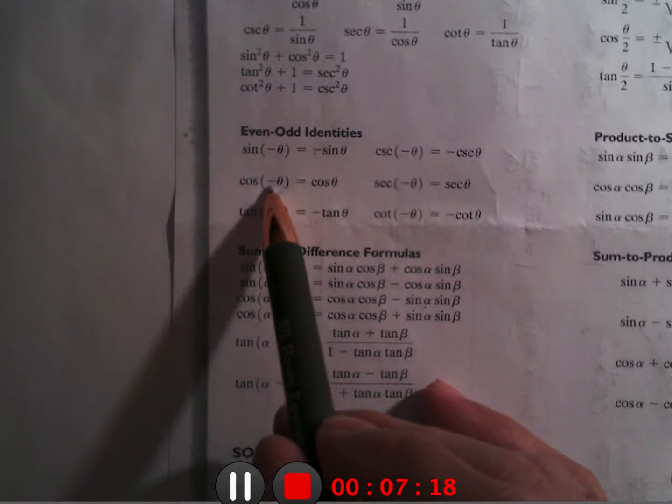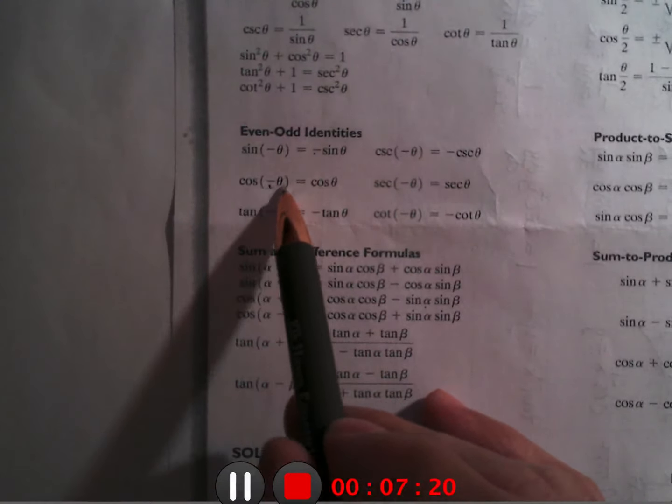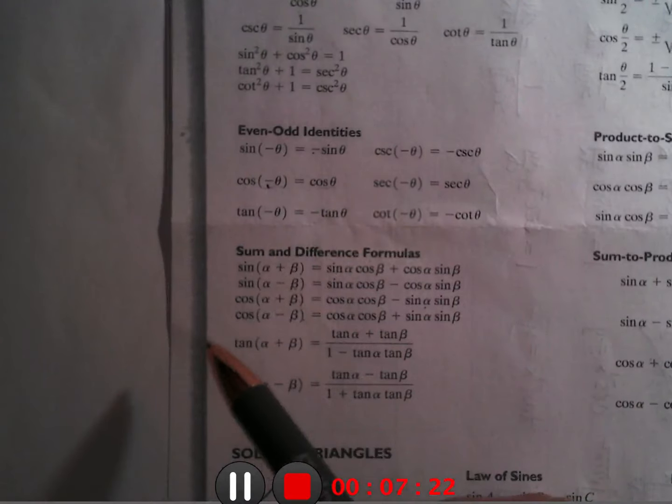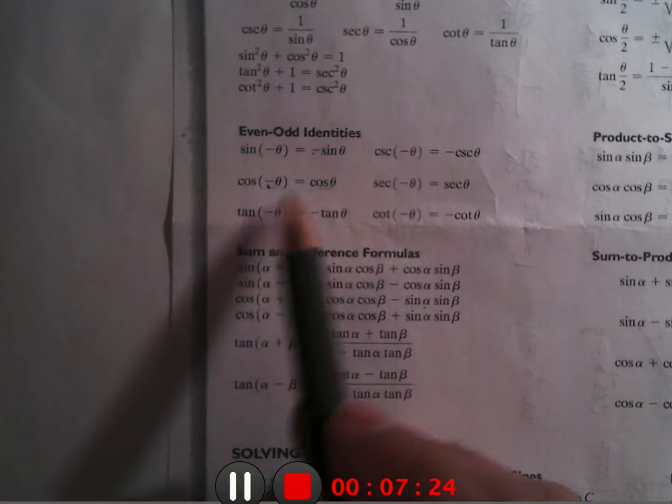If I take the cosine, or the x value, for 120 or negative 120, I get the same x values. So the cosine is considered an even function. You can change the sign of the angle, and it doesn't change the value of the cosine. It's the same value as the positive angle.